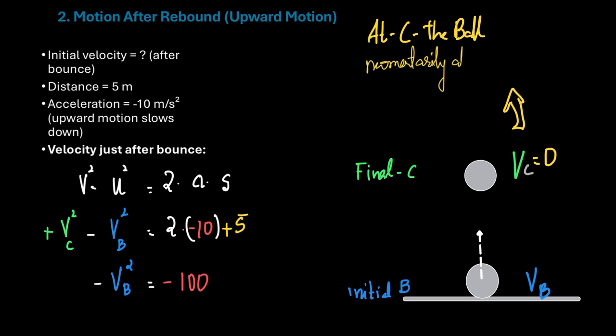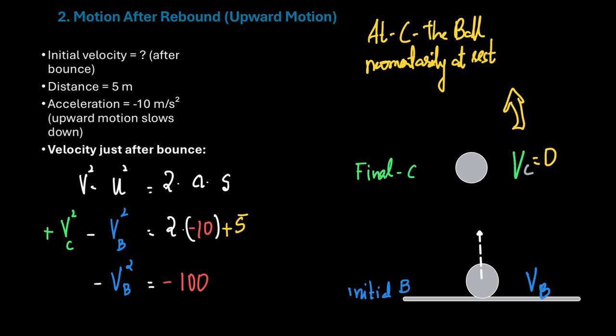It is momentarily at rest at that point. So if you were to visualize this, if I drop the ball like this, it comes down here, it bounces up, it stays here for a second, and then it comes down again. Okay, one more time. A ball is dropped like this, it bounces up, it reaches the maximum height, it stays there for a second, and at that second, the ball is at rest.